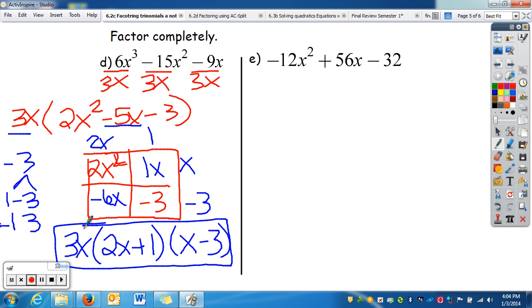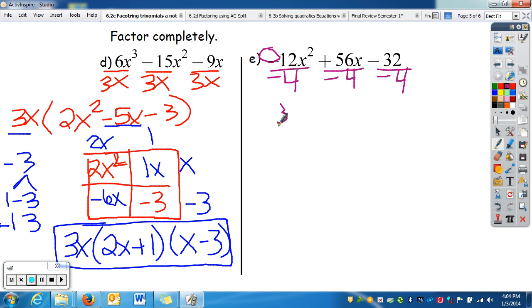Alright. So the last one is our GCF. Yep. These are all divisible by, I believe, 4. Yep. And notice, this is negative, so I'm going to divide by negative 4. See if that was enough.